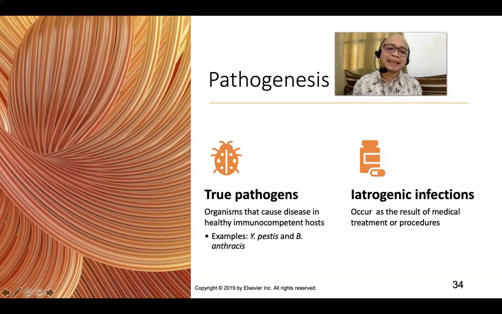Iatrogenic infection results from medical treatment or procedure, such as wrong technique in venipuncture where you fail to place antiseptics, or trauma during a lumbar tap to collect cerebrospinal fluid.